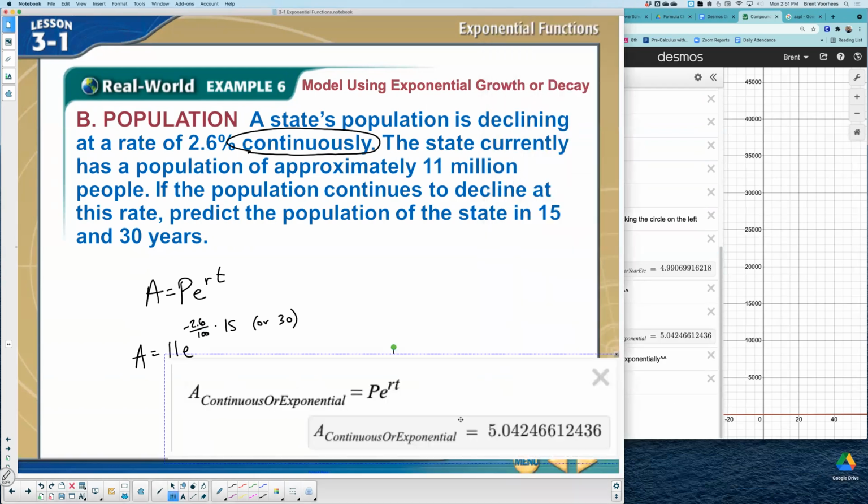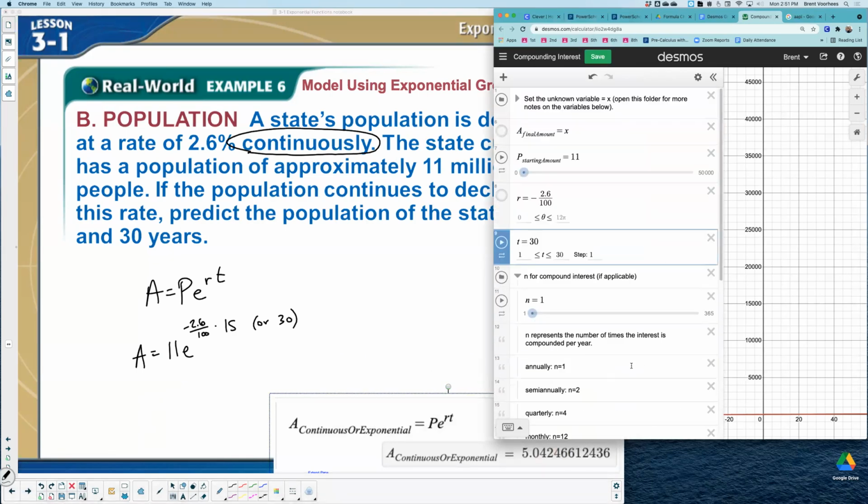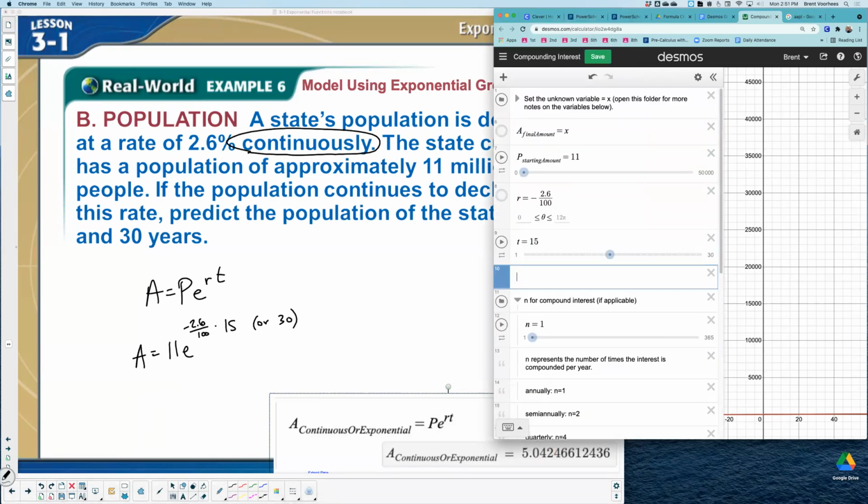So you can see that it is a difference here. That's after 30 years. And let's come back up and find 15 years as well.